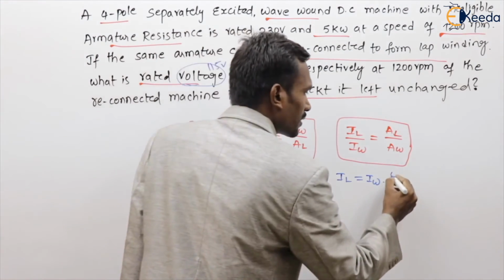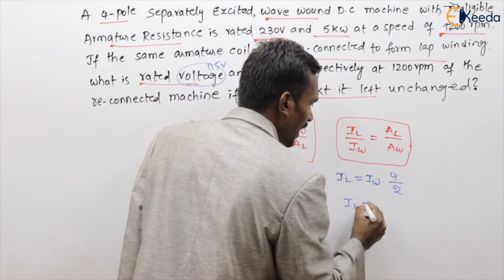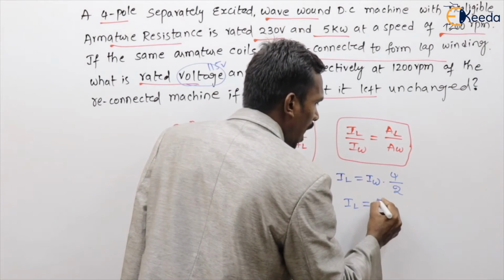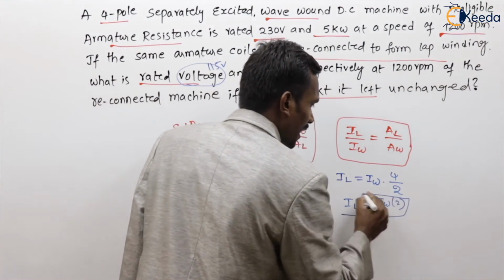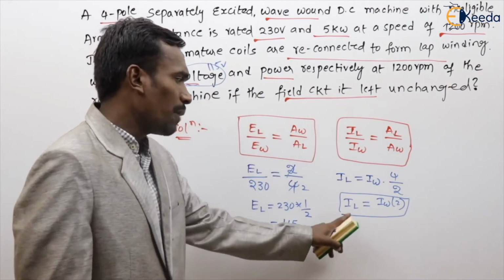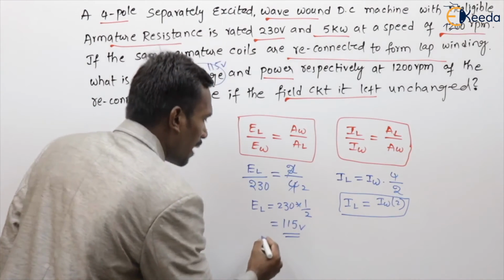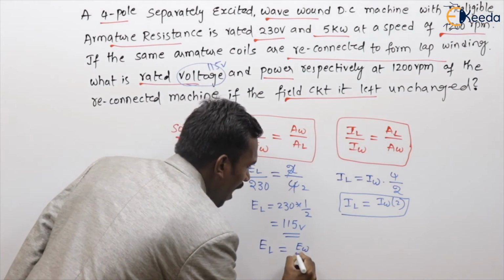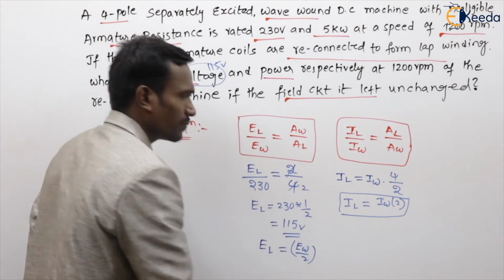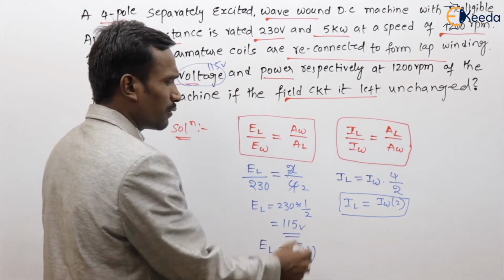Number of parallel paths in lap winding is 4 and in wave winding is 2, so IL is equal to IW into 2. Nothing but in lap winding current is double the wave winding, and in lap winding voltage is half of the wave winding. Right? Yes, this is 115 volts.